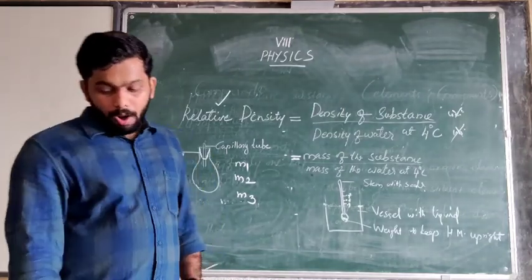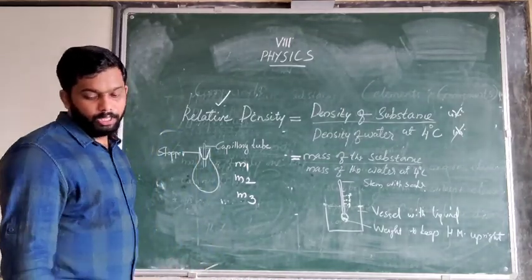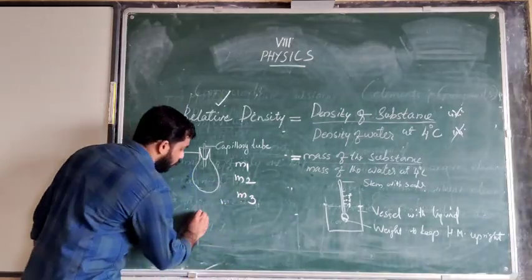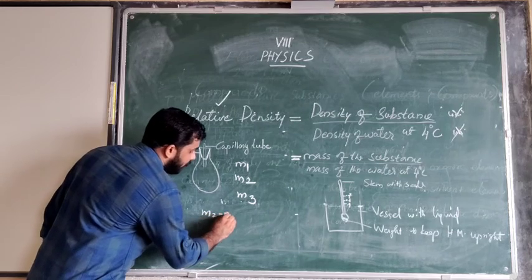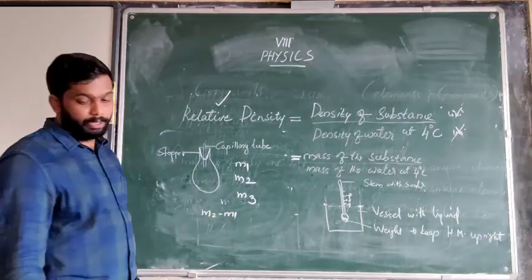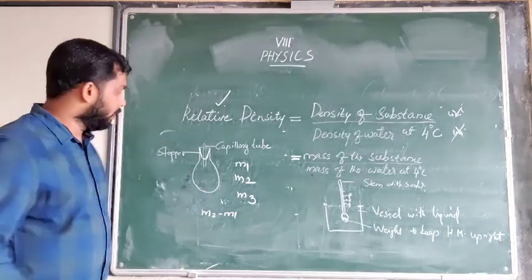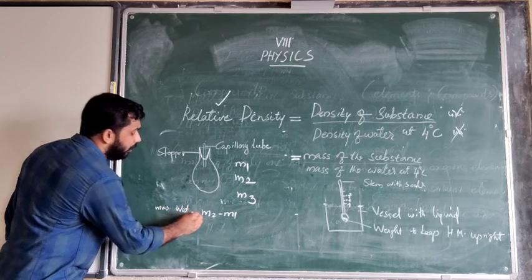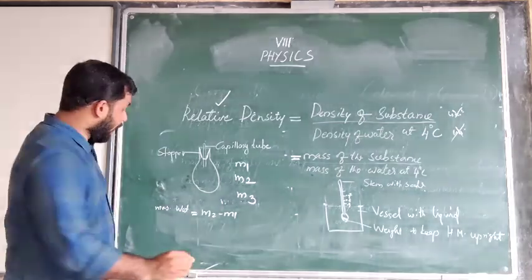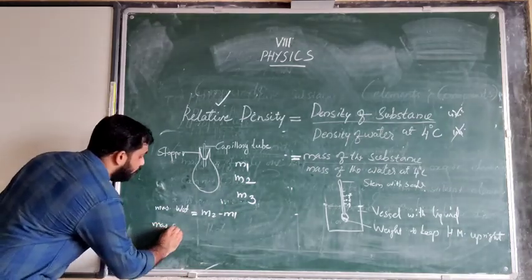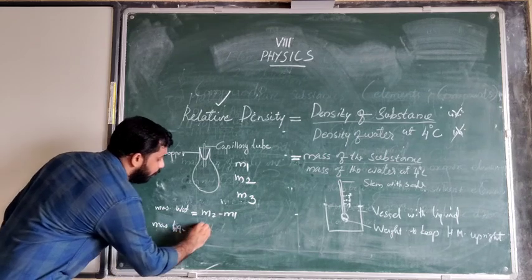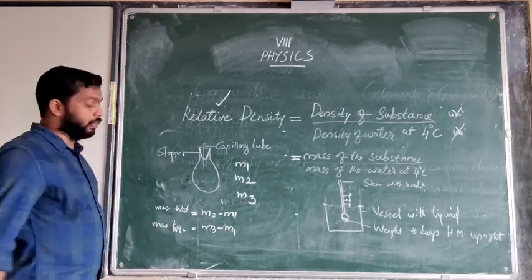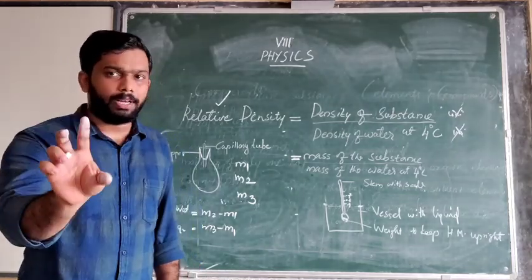Now, the mass of the distilled water will be equal to M2 minus M1, and the mass of the liquid or the given substance will be equal to M3 minus M1. Very simple calculation.